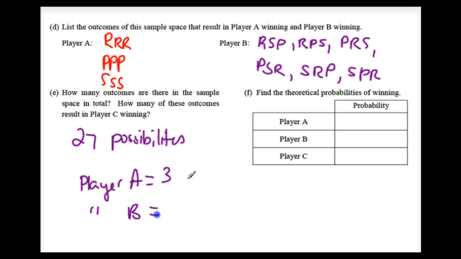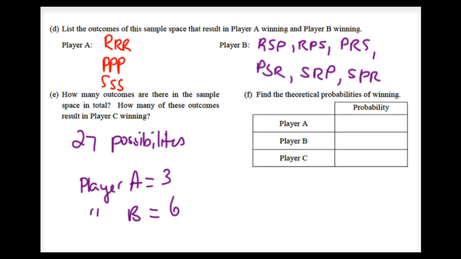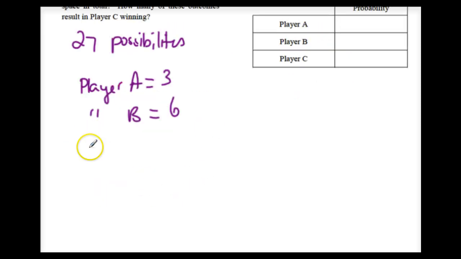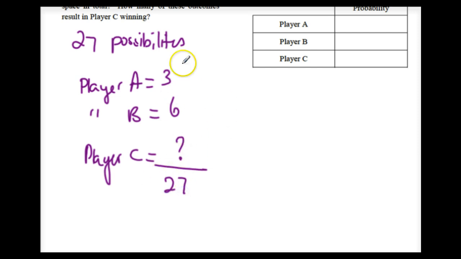Player B has how many? 6. So that total is 9. And then I want to see what player C has, but I know the total has to be 27. 6 and 3 is 9. 9 plus what will give you 27?